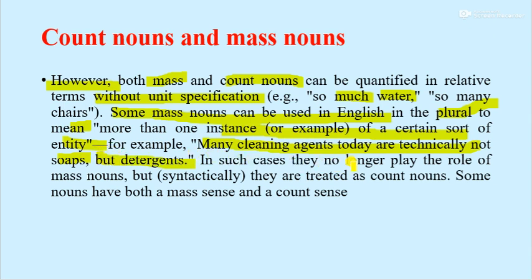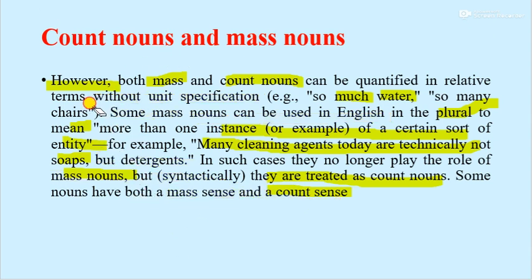In such cases, they no longer play the role of mass nouns, but are syntactically treated as count nouns. Some nouns have both a mass sense and a count sense.